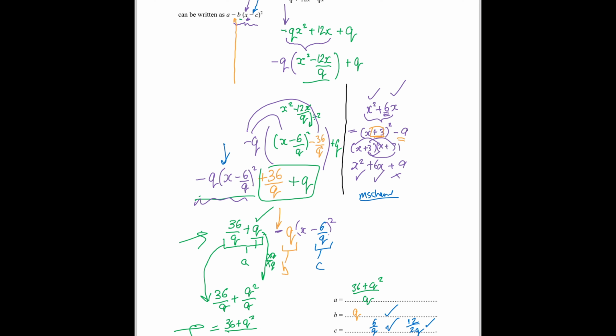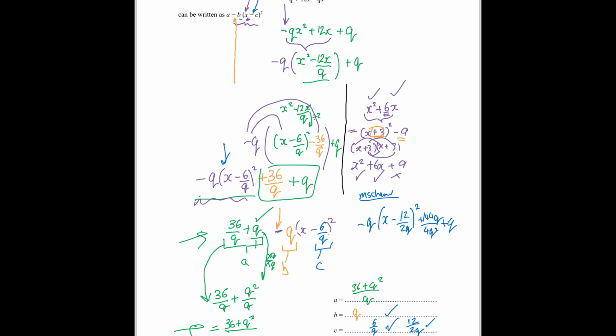I'll show you exactly what they've written on their final line of working. They've got minus q over x minus 12 over 2q squared plus 144q over 4q squared plus q.